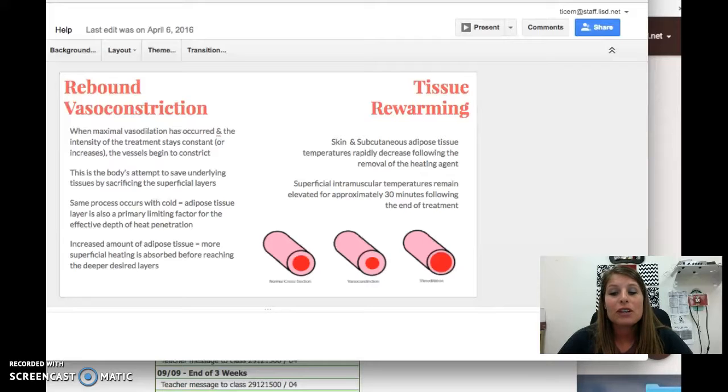So superficial intermuscular temperature remains elevated for only about 30 minutes after the treatment. So if you've got the heat deep enough into the muscle, that's only going to last 30 minutes. I always think this is interesting because when we use heat several hours before our event, what are we doing that for? Just think about that for a second.